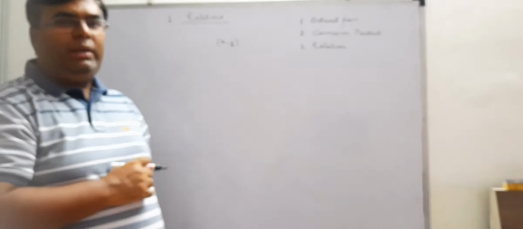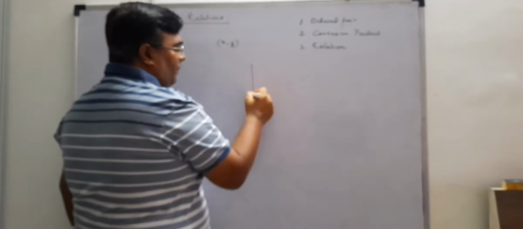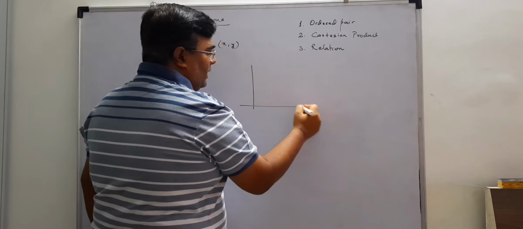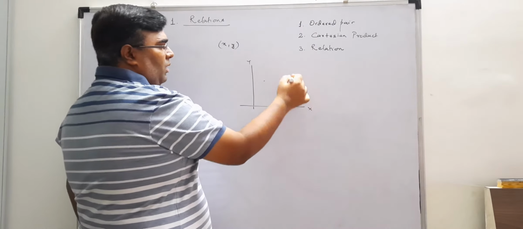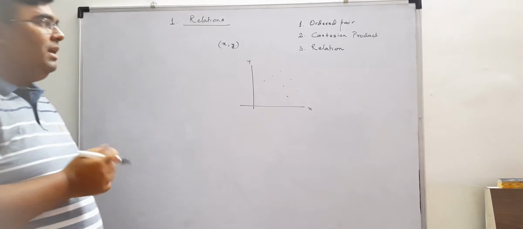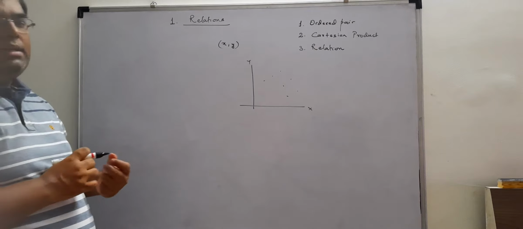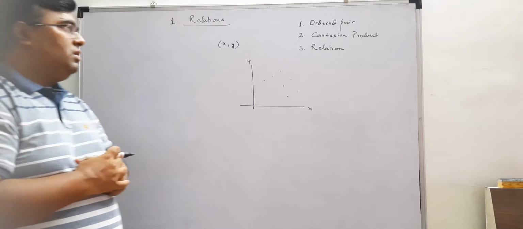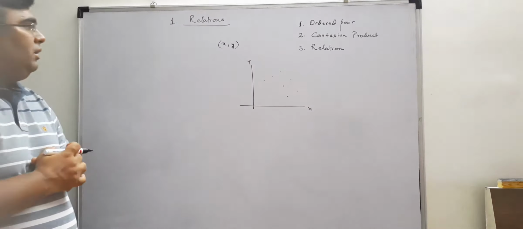Plotting x and y together is basically a two-dimensional thing, where we plot the xy points using x and y. So this pair is known as an ordered pair. This was the very first ordered pair that we have already learned.